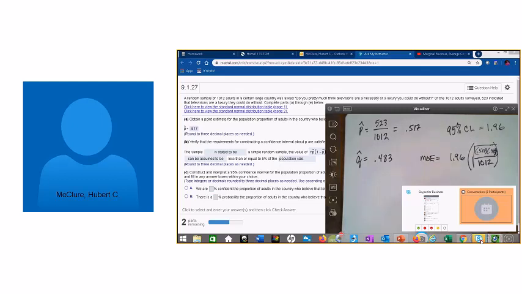All right, somebody crank that out for me. MOE is equal to 0.517 times 0.483 divided by 1012 raised to the 0.5 power times 1.96. What do y'all get?